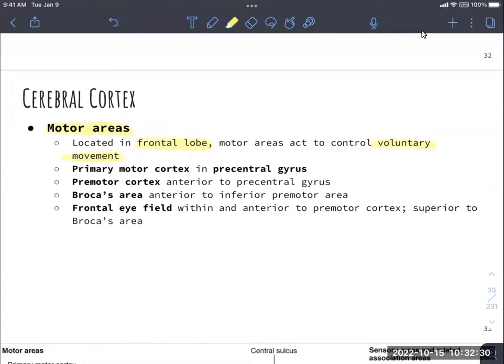That's all done in that frontal lobe. We have a primary motor cortex in that precentral gyrus. We have a premotor cortex. We have what is called a Broca's area and a frontal eye field.